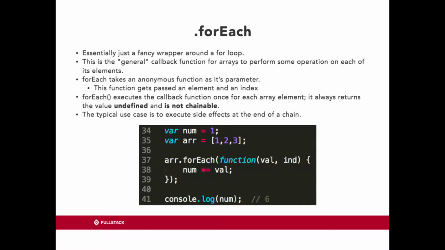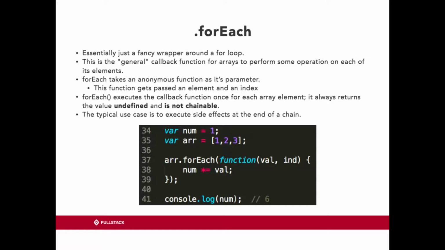For each is a little bit unlike all the other methods, and we'll cover the other ones later on. But the two things that make it special are, one, what for each is really great for is doing something to the actual element. It doesn't return anything, rather it returns undefined. So you can't say return array.forEach because it returns nothing, right?